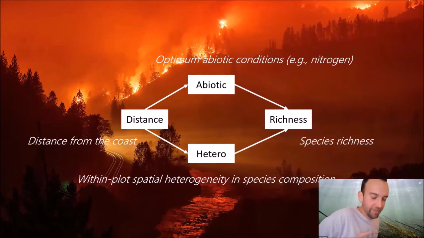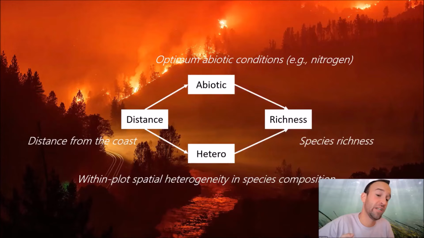And so here is that simplified model that we'll be evaluating using the piecewiseSEM package. In this case, we have 4 variables that have been measured and reported in the 2006 paper. The first one on the left here is the distance from the coast. So they had a gradient from the shore to inland.